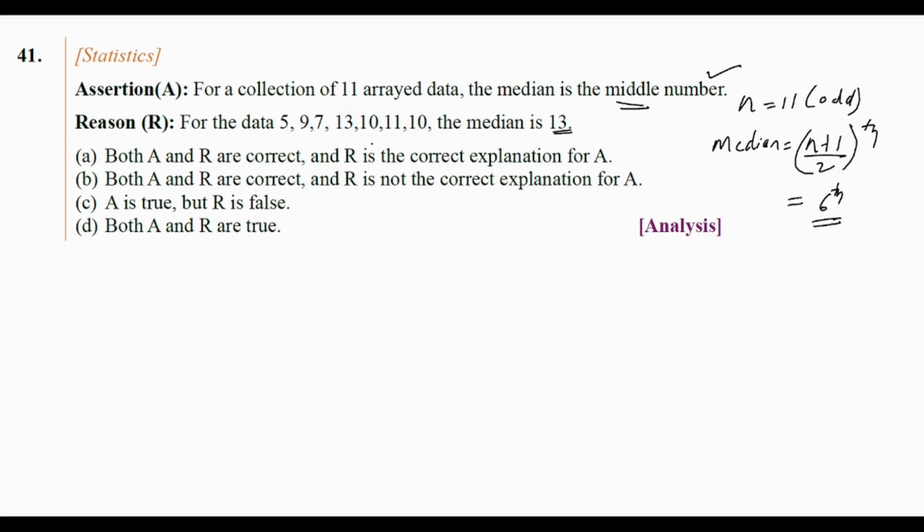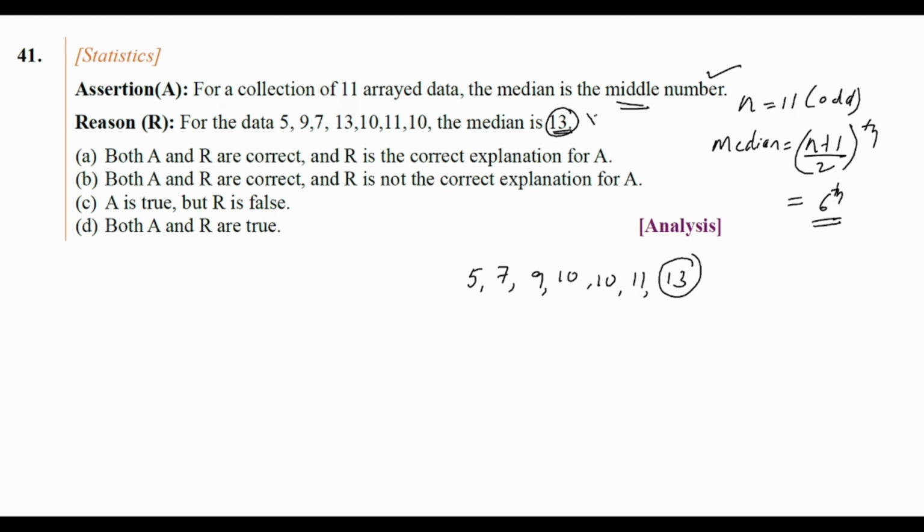If you arrange them in the ascending order form, you need to understand that 5 comes first, 7 comes later, 9, then 10, 10, 11, then 13. Anyhow, 1, 2, 3, 4, 5, 6, 7. So median is 13. They are telling 13. How can it be the last one, the median? It cannot be. Clear, children?